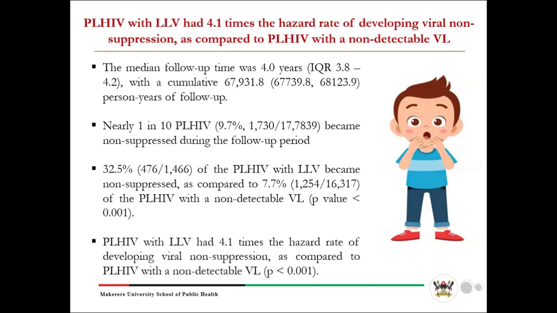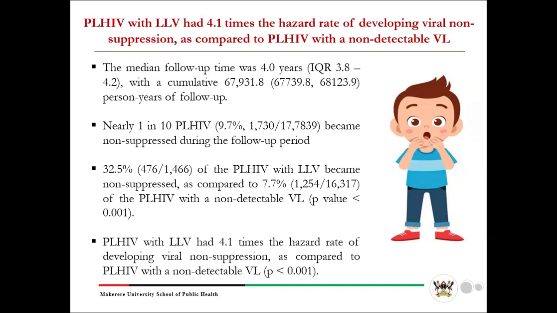So that is already a key highlight. The proportions are too large, and of course the difference was significant. 32% of those who had low-level viremia became non-suppressed, only 7.7% of those who had a non-detectable viral load became non-suppressed, and the results were significant.